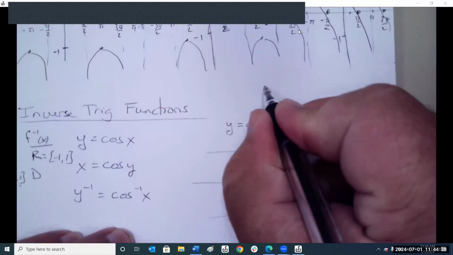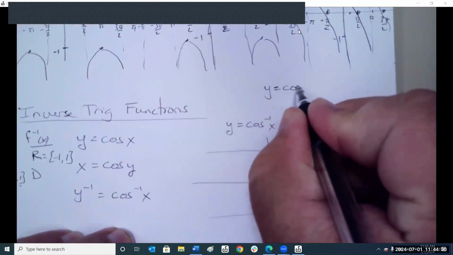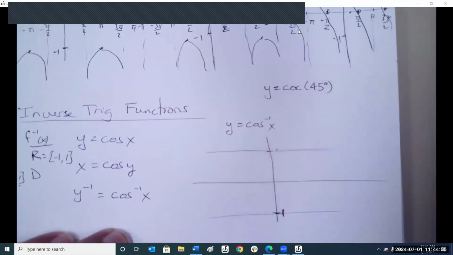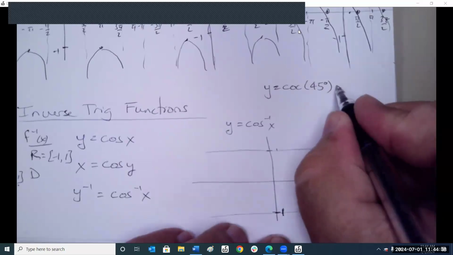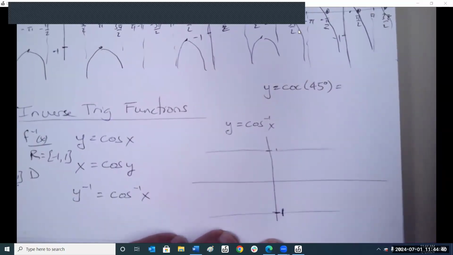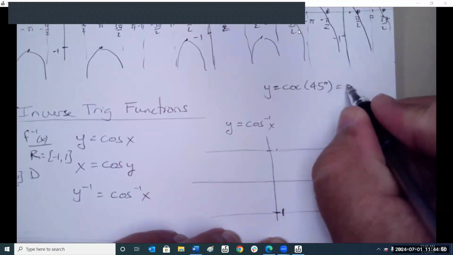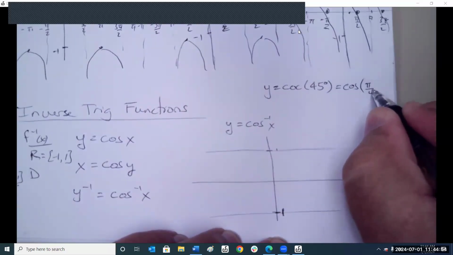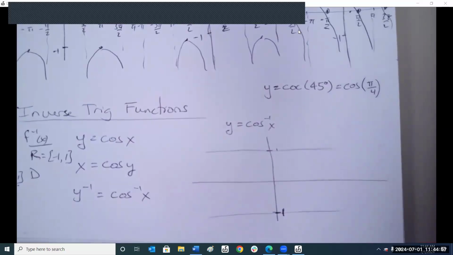If originally I gave you the cosine of 45 degrees, what would that equal? Or cosine of pi over 4. Same thing. What would that equal?